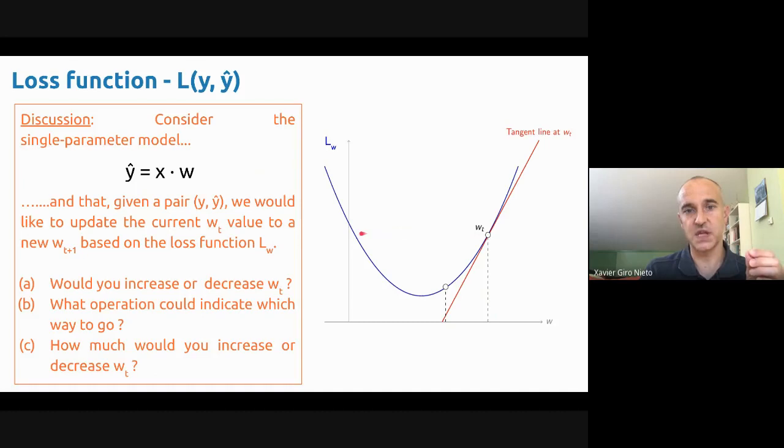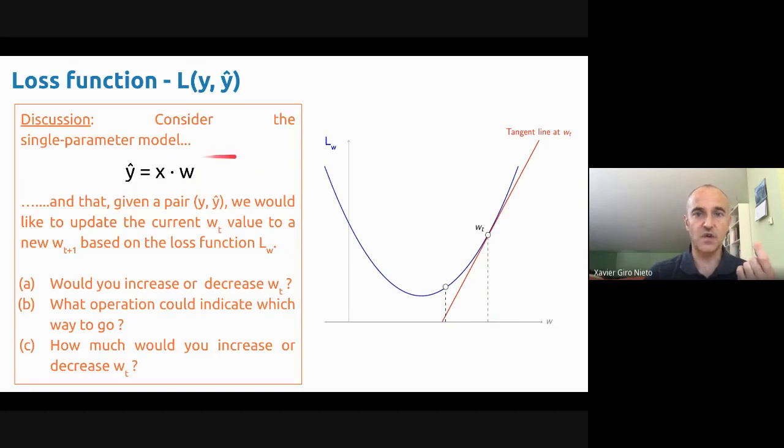Just imagine that we want to train our linear regression with only one parameter, and we start with some random value. We feed one of our training samples, one of our pairs X and Y. We make a prediction, y hat, and as we can compare it with the ground truth, we can compute a loss value.